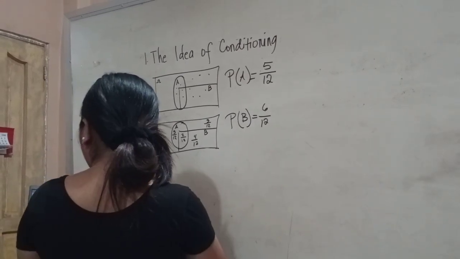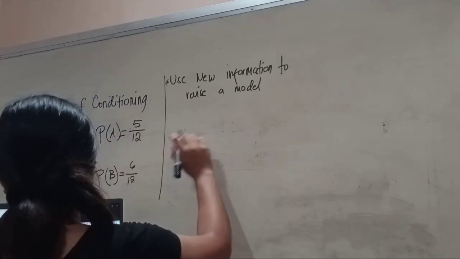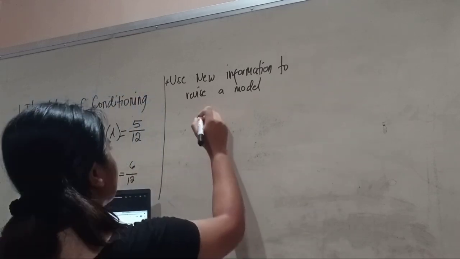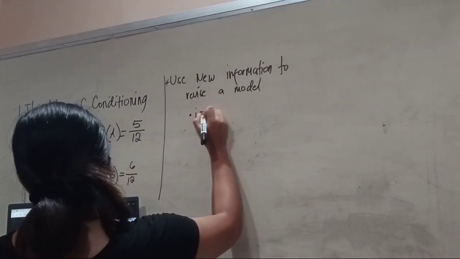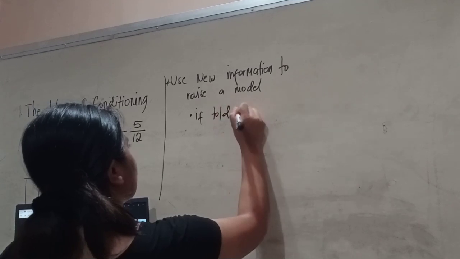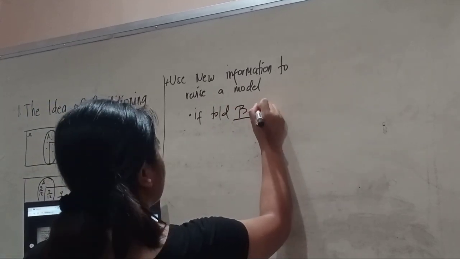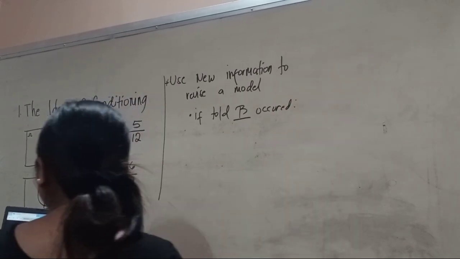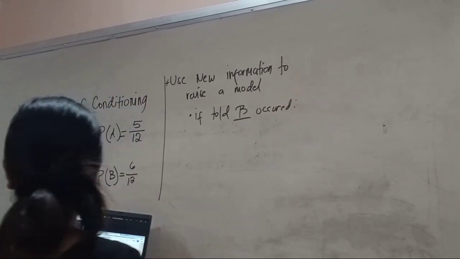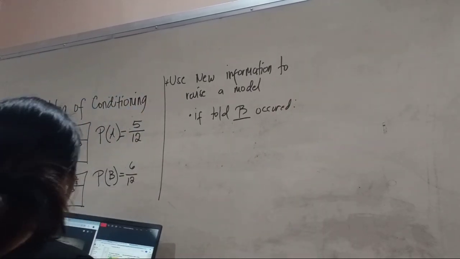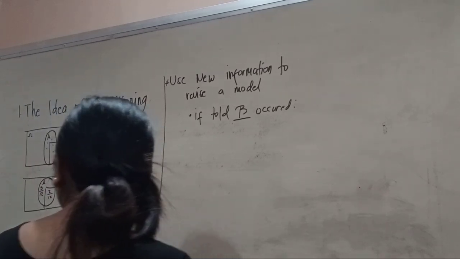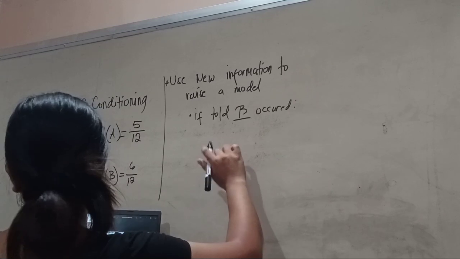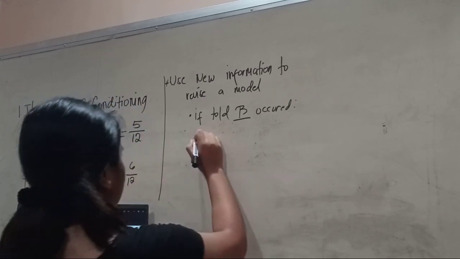So let's move to using new information to revise a model. If told B occurred, which means your new universe is limited to the outcomes inside B. Only the red region, 6 dots, like this.